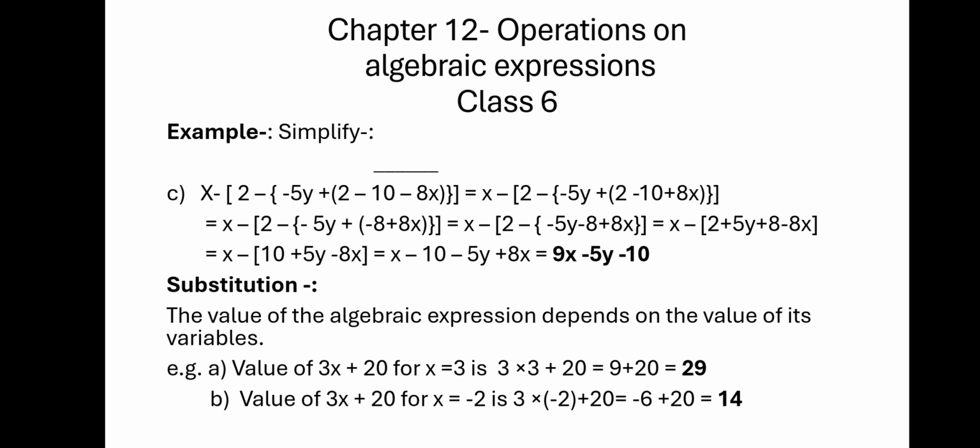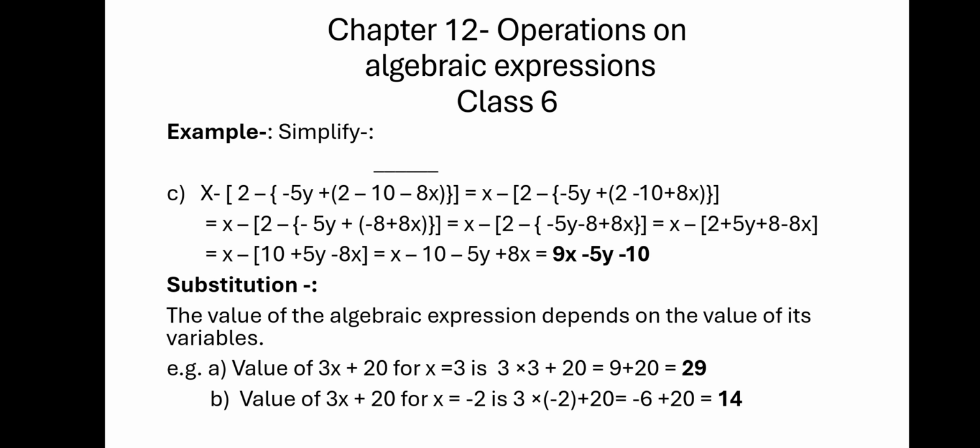So we have to first solve the innermost bracket, and that is the vinculum. Now when you simplify that, 10 minus 8x, there is a negative sign before that. So how to do it? Negative 10 it will become, and positive 8x.